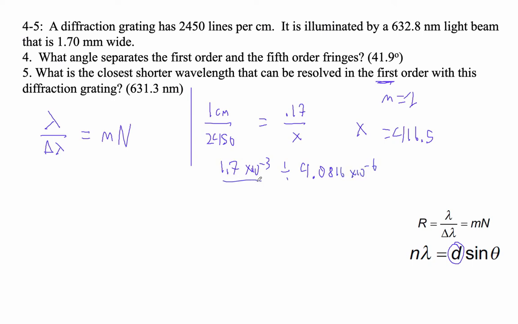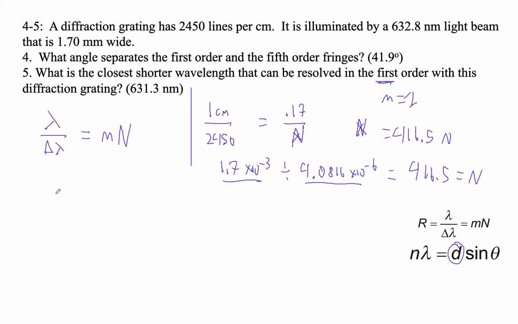So this might make more sense to you rather than use a proportion. If I do that, I also get 416.5. So that is my N.